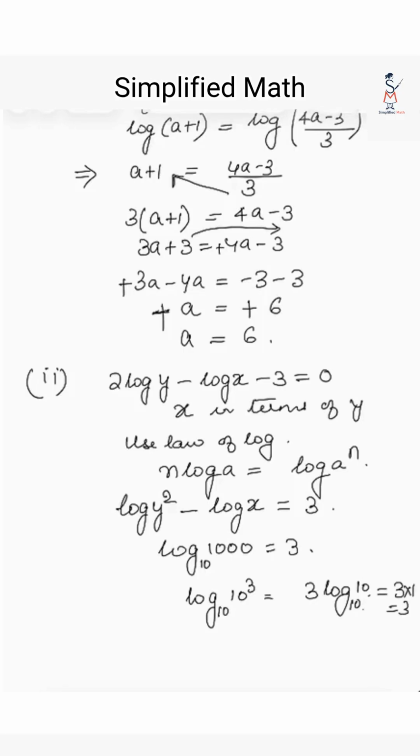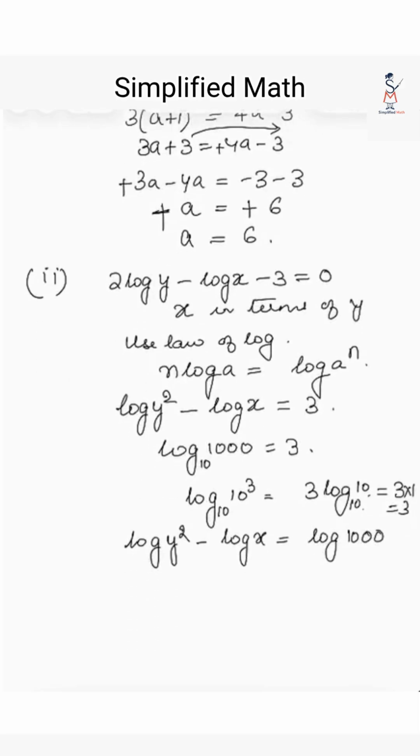Fine. So now we can write this as log y square minus log x is equal to log 1000. When there is no base, the base is 10. That is understood. So now we will again use another law, that is log a minus log b is log a by b.